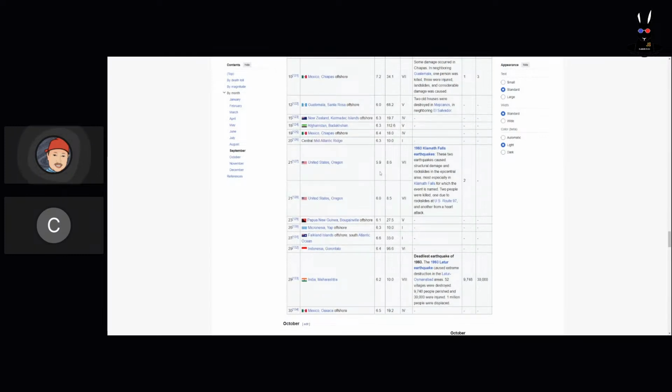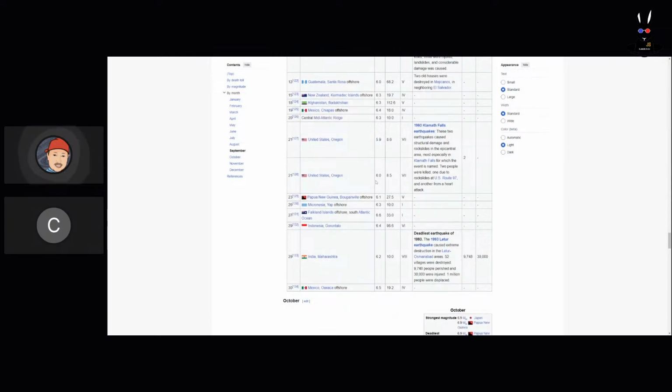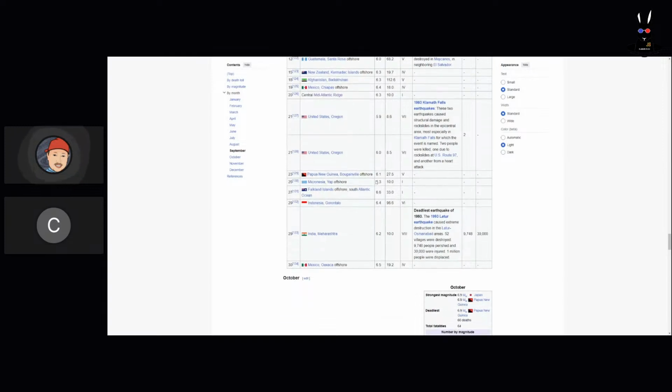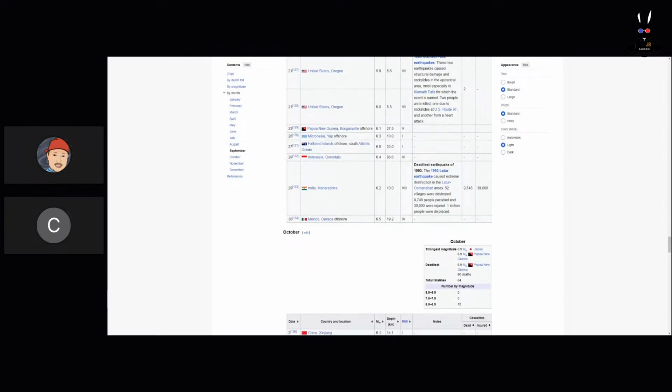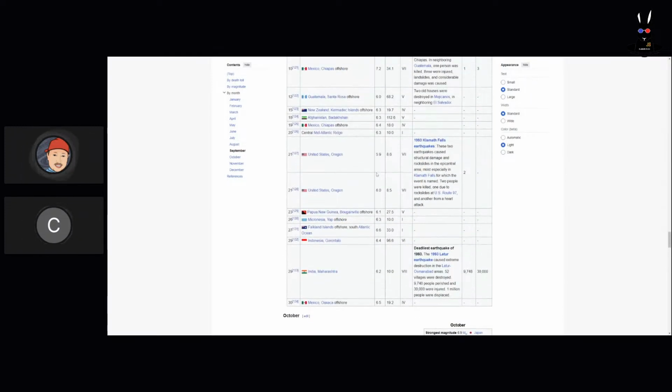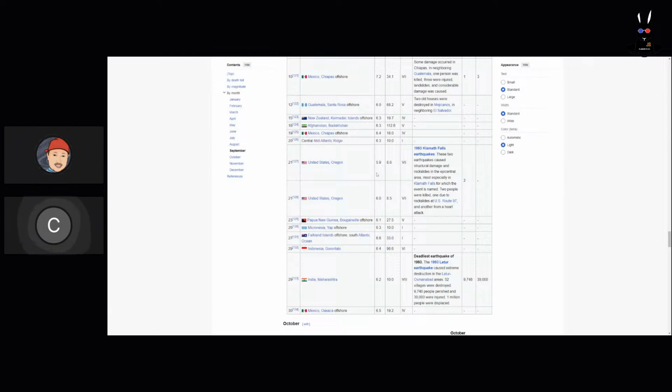Mid-Atlantic Ridge again, 6.3. Oregon, 5.9. Klamath Falls earthquake. Oregon, 6.0. The same day. Right? So. Where was the Oregon one? Klamath Falls. It's at the border of California, Oregon.